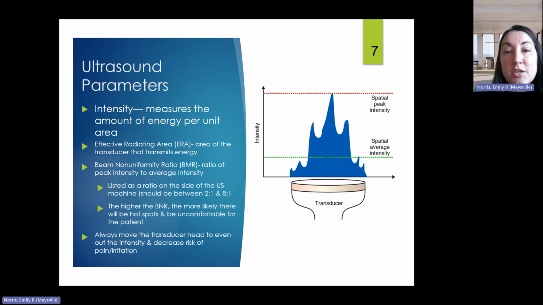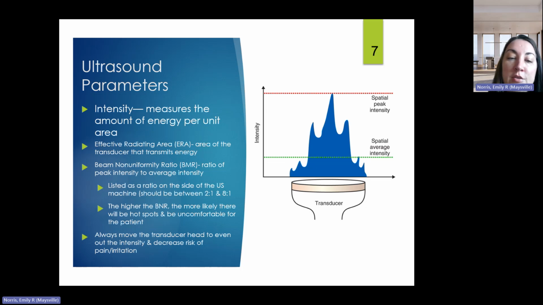As you see in the picture, some of the energy is more concentrated towards the middle of the transducer and less concentrated towards the outside, which is one of the many reasons that we have to move the ultrasound head continuously, to even out some of the heat and the other benefits of the treatment so that they're not more concentrated in an area, which could cause a hot spot or even a burn in the tissue, be less effective, be painful, and cause damage to the tissue.